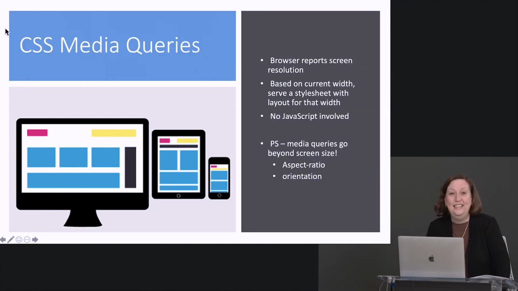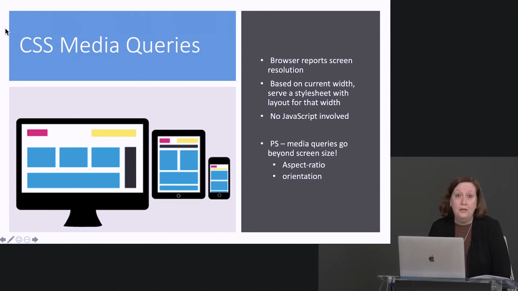And then, of course, finally, CSS media queries. So this comes straight from the CSS. There's not any JavaScript involved. And for the most part, people have used media queries in terms of screen widths, minimum widths, maximum widths, and so forth. But media queries are much more than that. Especially today, we have a lot more types of media queries that are supported. You can do portrait or landscape.